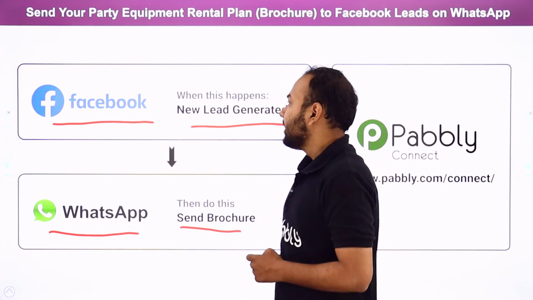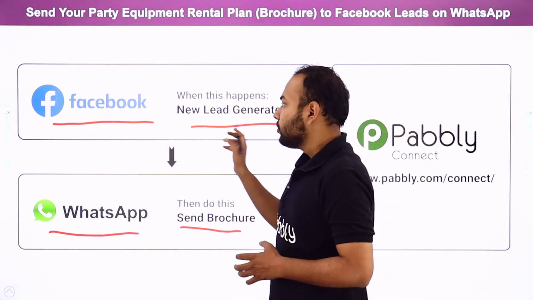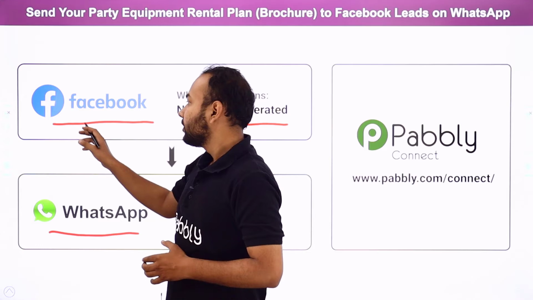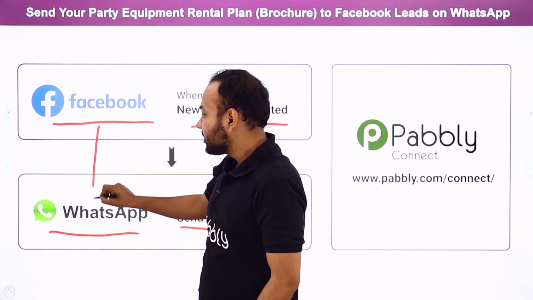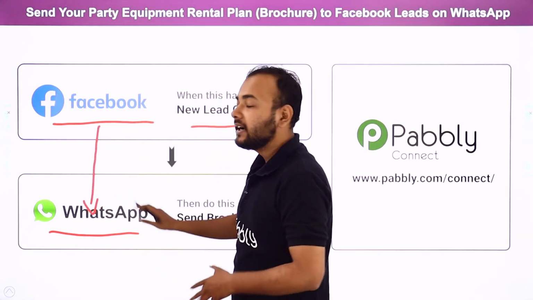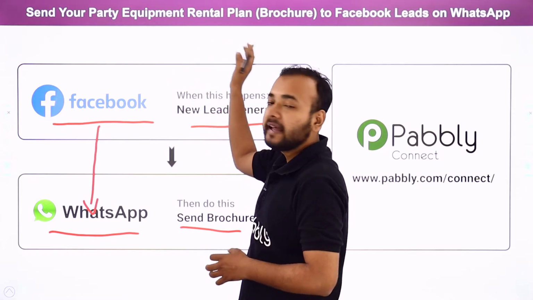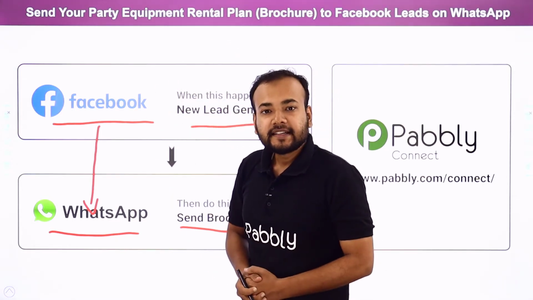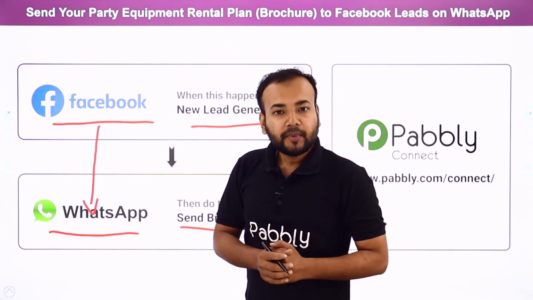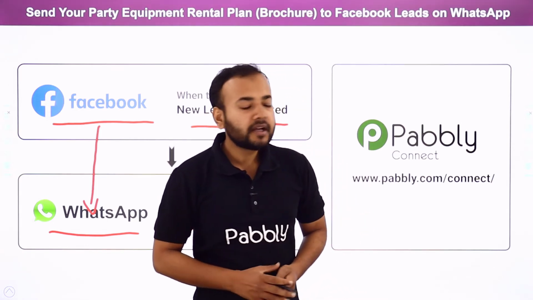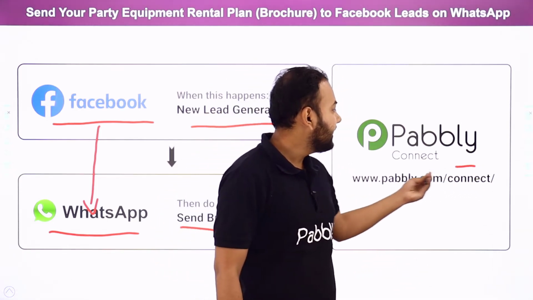What if I tell you that as and when a new lead gets generated from Facebook lead ads, a WhatsApp message gets automatically delivered to that lead along with your rental plan or brochure? Yes guys, this can happen, and to make this happen I am using a software called Pably Connect.